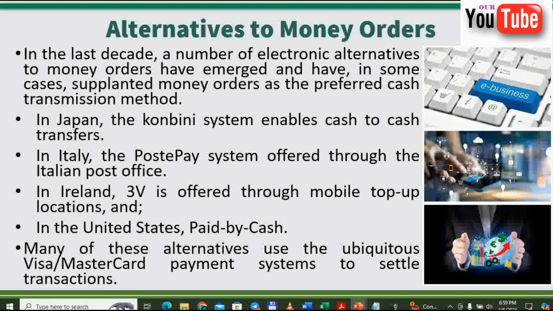In Italy, the Postepay system offered through the Italian post system offers something similar to money order. In Ireland, 3V is offered through mobile top-up locations, and in the United States, Pay With Cash is something similar to money order. We also have many of these alternatives in other countries. We just highlighted a few of them here.